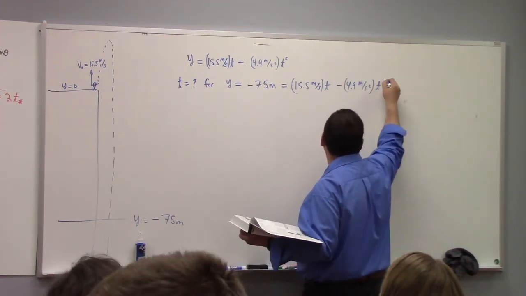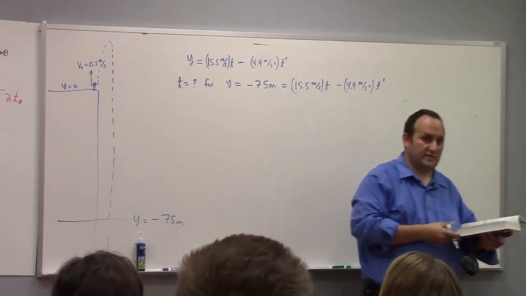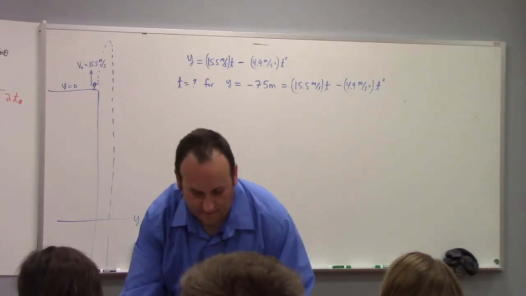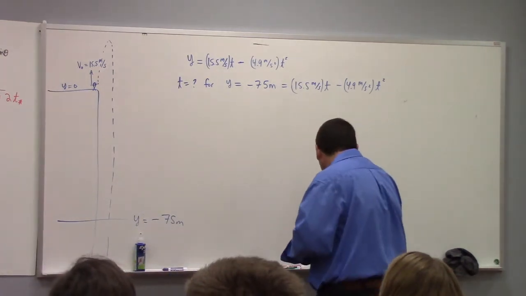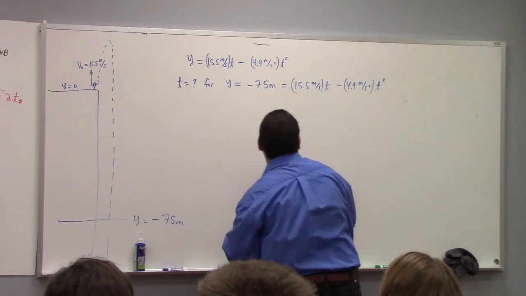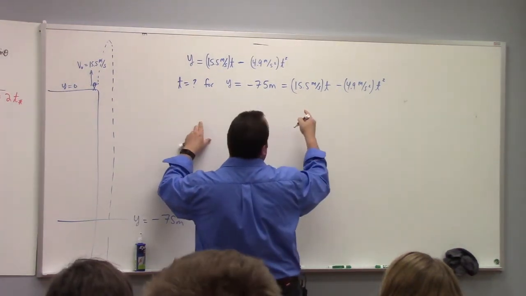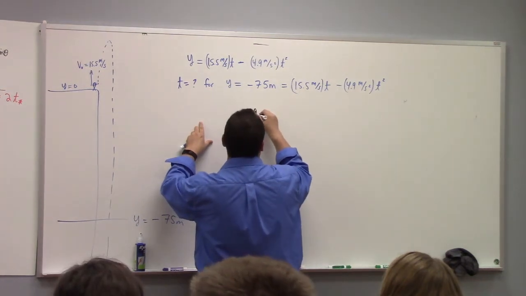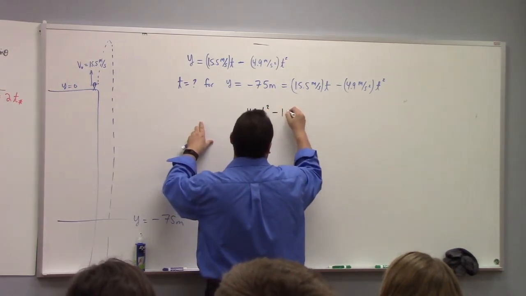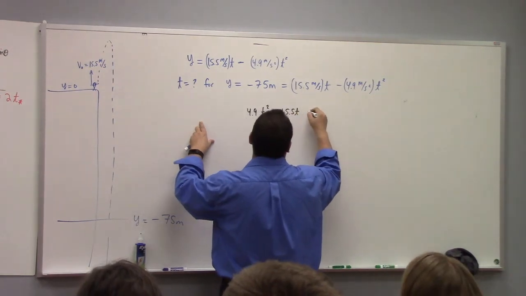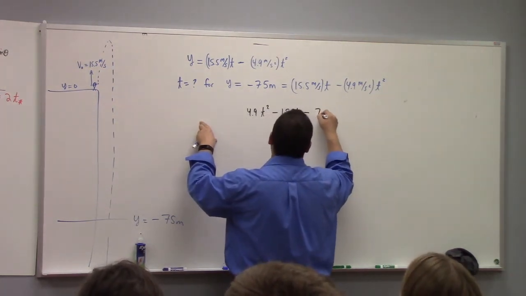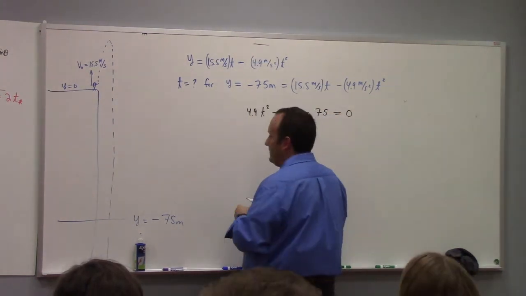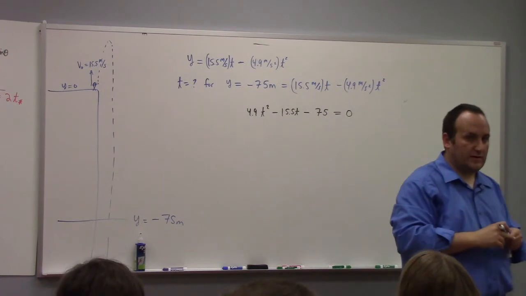I'm getting really sick of the units on this problem. Let's strip them off and just focus on the math. There's a quadratic equation that we have to deal with here. I'll move that stuff to the other side. So I get 4.9 t squared minus 15.5 t minus 75 equals 0. That's a quadratic equation. We know how to solve it. Let's solve it.